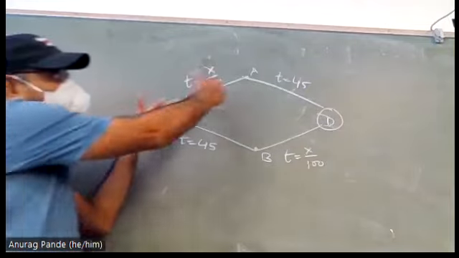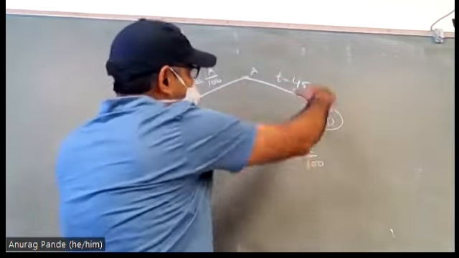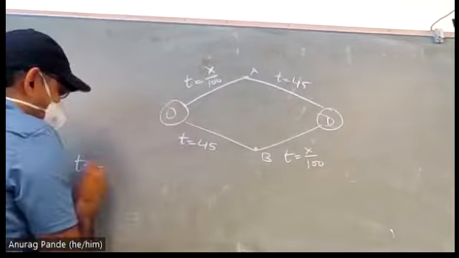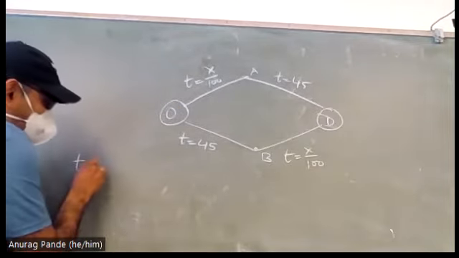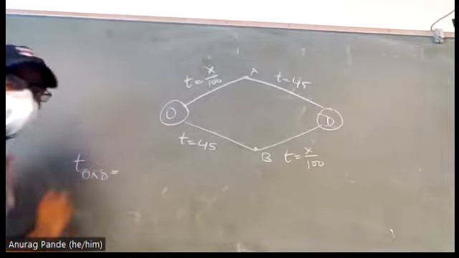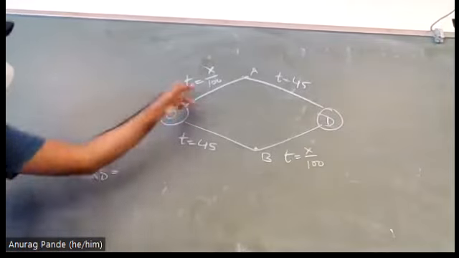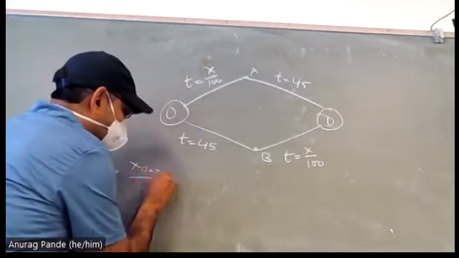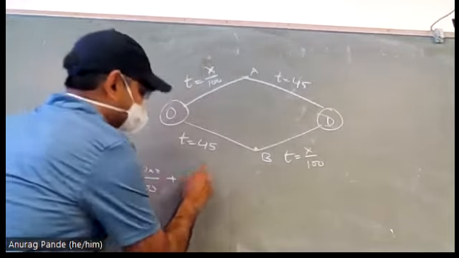So if you look at the overall routes, the first route and the second route, you can say the travel time of route 1, route OAD, is you can add these two travel times, right? X_OAD divided by 100 plus 45.